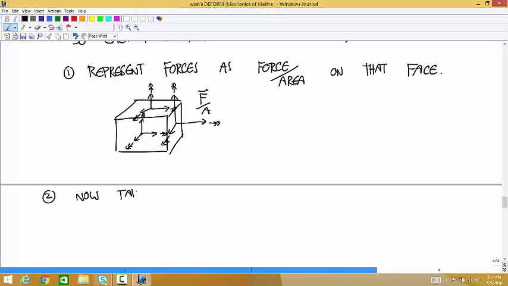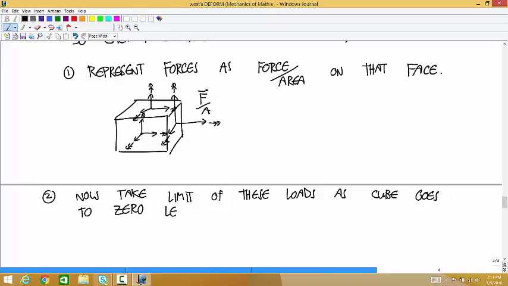Now take the limit of these loads as the cube goes to 0 size, or 0 length.